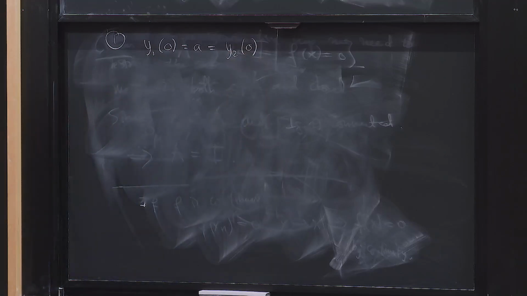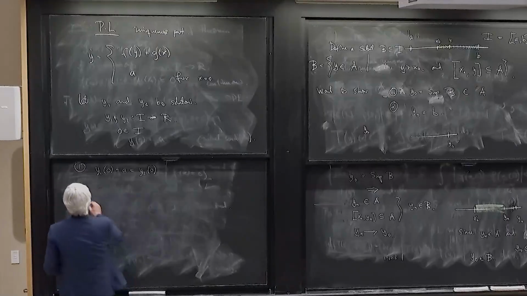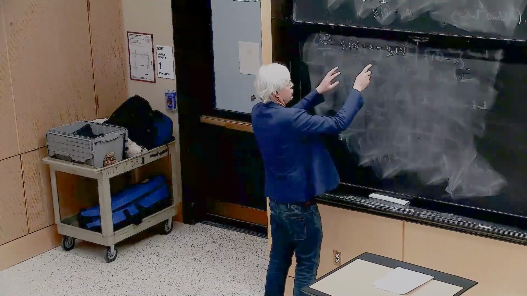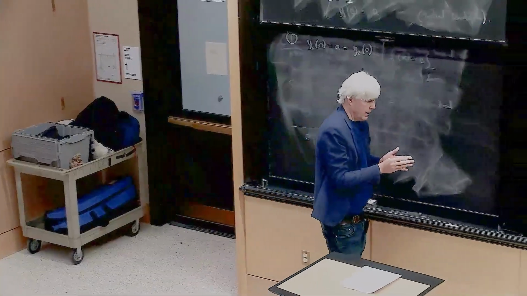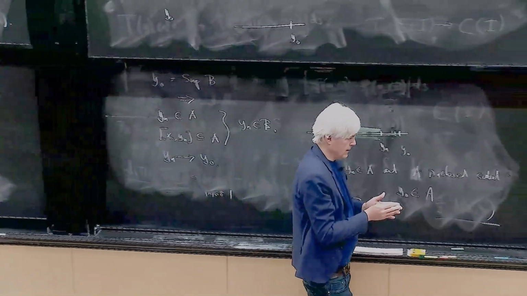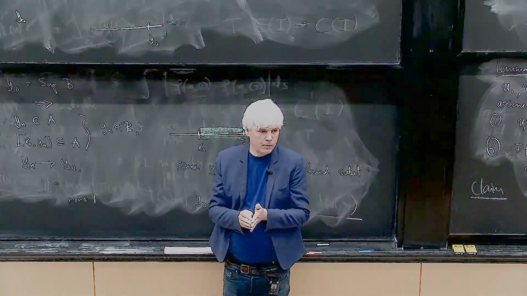So they coincide at one point. And now the Picard-Lindelöf theorem said that if you restrict the interval to this little interval around 0, then there was a unique fixed point.